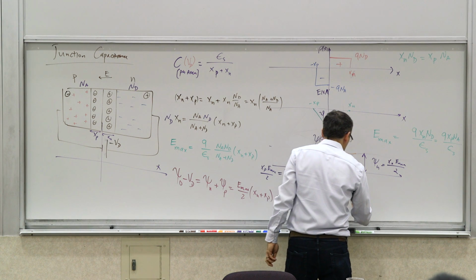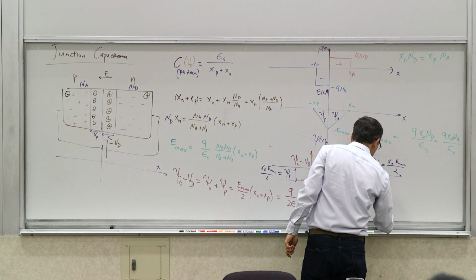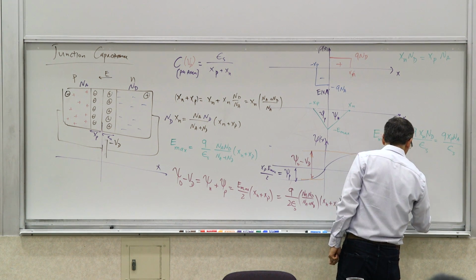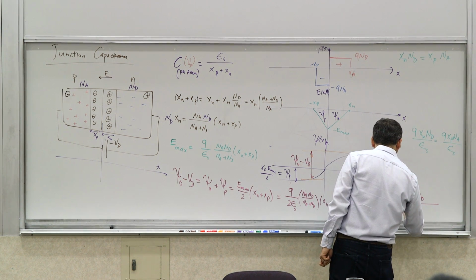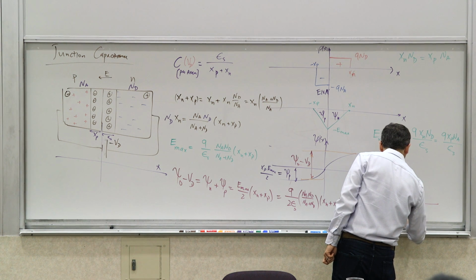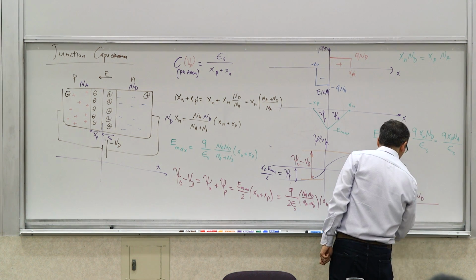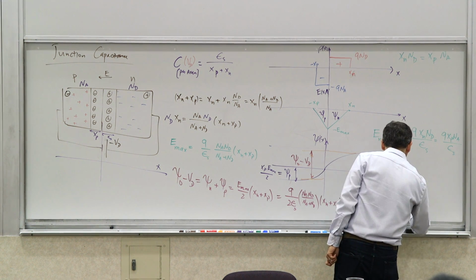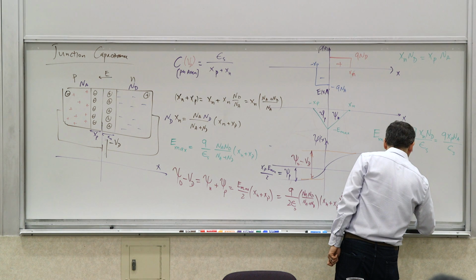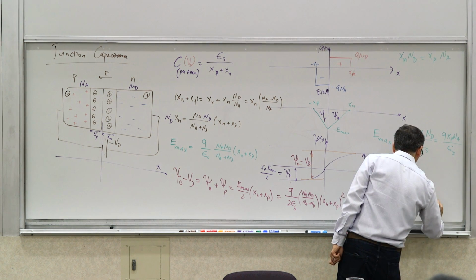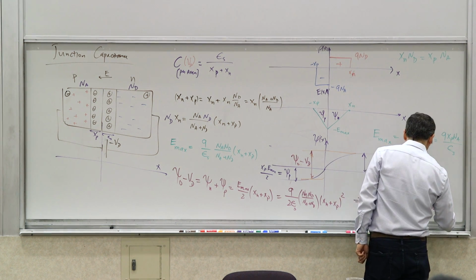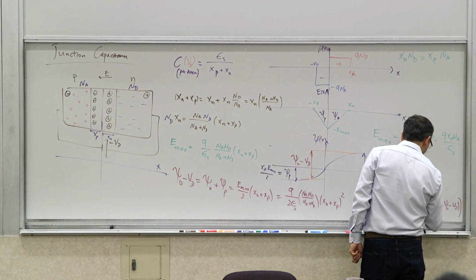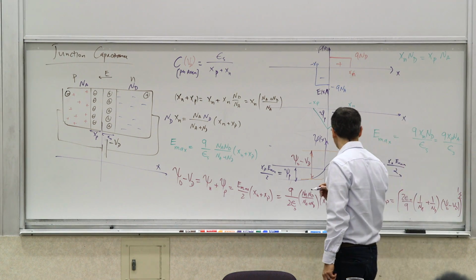So all we do is say that xn plus xp is going to be psi naught minus Vd, divided by q over 2 epsilon naught. Let's just make it a little bit simpler: 2 epsilon naught over q, 1 over Na plus 1 over Nd, times psi naught minus Vd to the power of 1/2, square root.